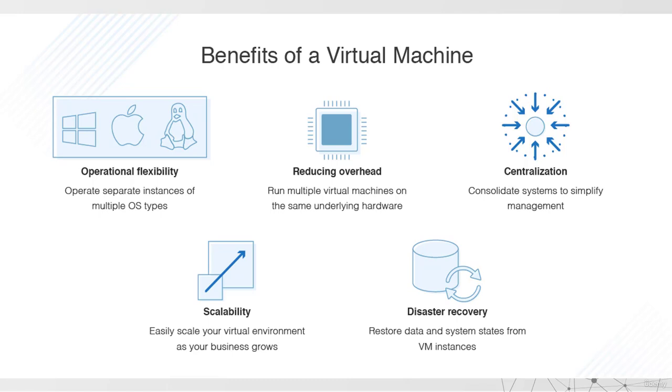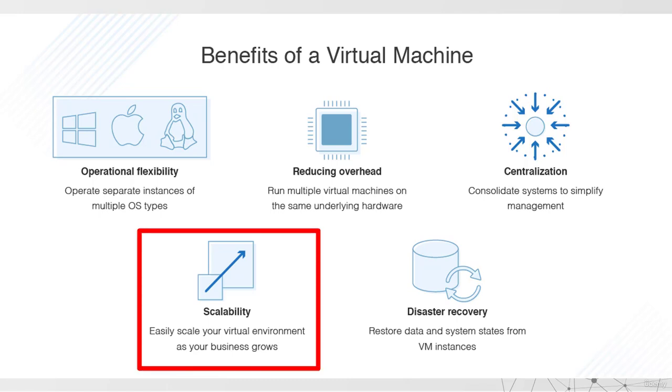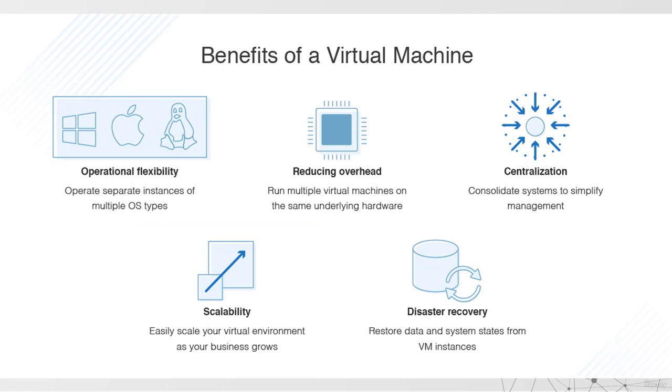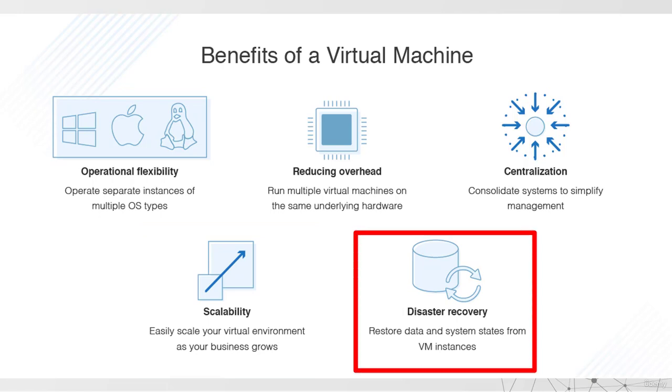Also, one of the most prominent advantages of using virtual machines in the cloud is the ease of scalability. Basically, businesses can seamlessly scale up or down resources based on demand. For instance, an e-commerce platform can automatically scale resources during a flash sale, ensuring optimal performance, and then scale down afterward to save costs. Also, virtual machines play a pivotal role in disaster recovery strategies.